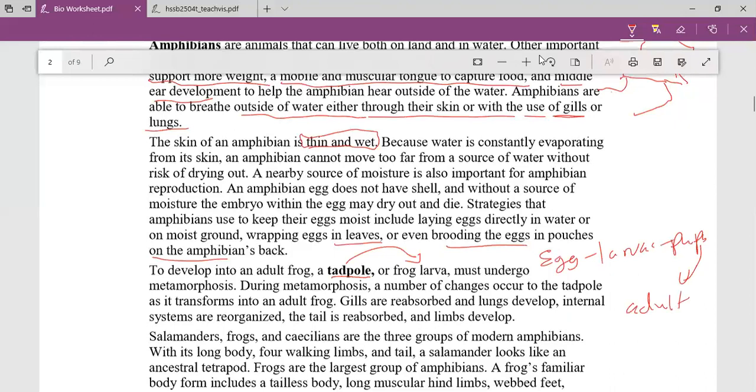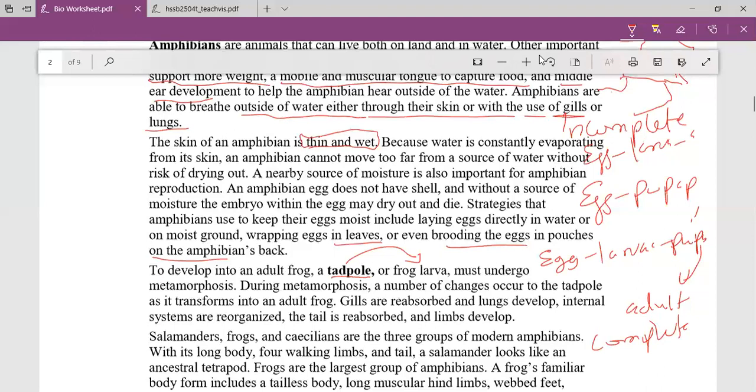But some of them skip a stage: they might go from egg to pupa to adult, or from egg to larva to adult. The ones that skip any of the 4 stages, we call incomplete metamorphosis. The ones that complete all 4 stages, we call complete metamorphosis. Is that understood?